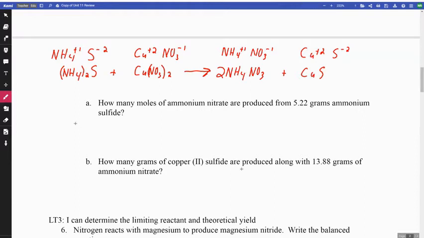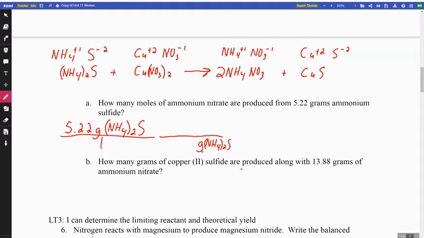So we start with our given as usual, 5.22 grams ammonium sulfide. So that is (NH4)2S over 1. We do our conversion factor. Grams (NH4)2S goes on bottom.